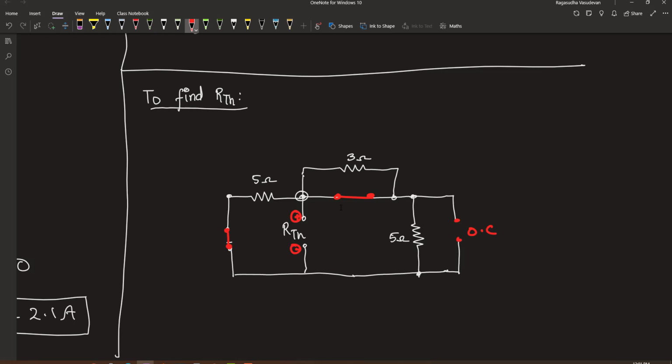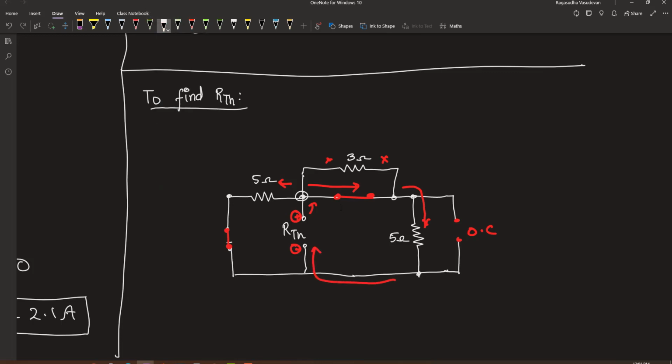From the perspective of this resistor, the current will be passed into this. The current splits into 2 paths: one is the 5 ohm and one is this shorted path. Because of this shorted path, no current flows into this 3 ohm resistor. This current will flow into the 5 ohm and come back over here.